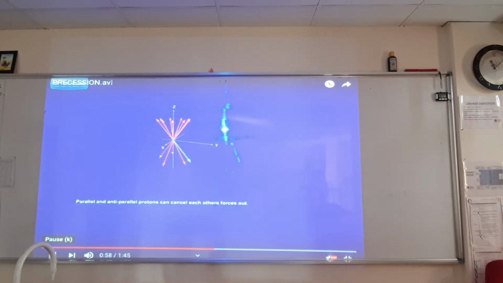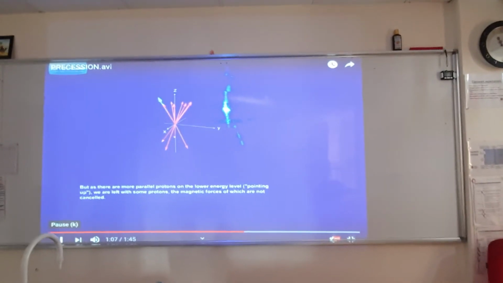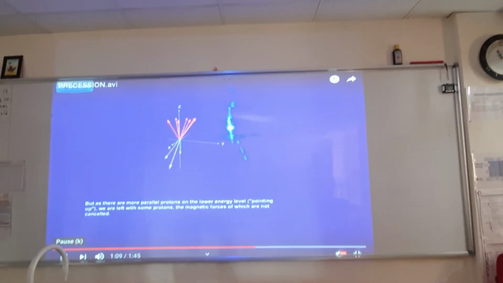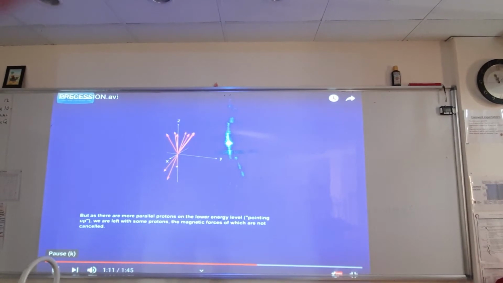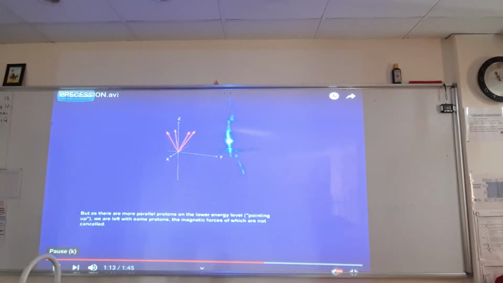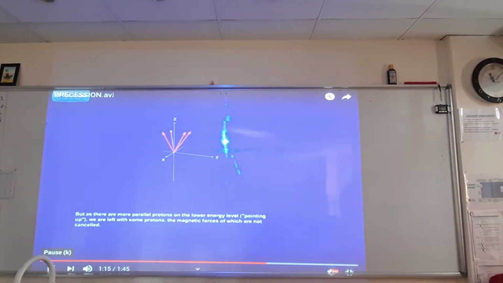Parallel and anti-parallel protons can cancel each other's forces out, but as there are more parallel protons on the lower energy level, pointing up, we are left with some protons, the magnetic forces of which are not cancelled.